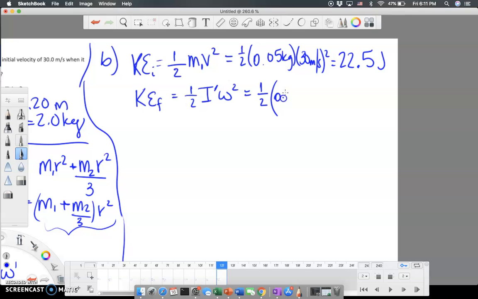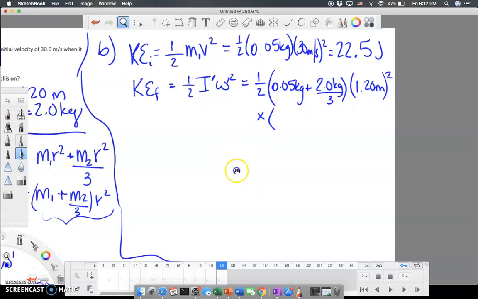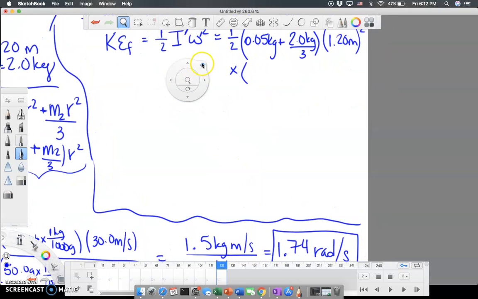M1 is 0.05 kilograms plus 2 kilograms divided by 3, times my radius, which is 1.2 meters, and that is squared. That's multiplied by my final angular velocity, which I just solved for as 1.74 radians per second, and again, that's squared.